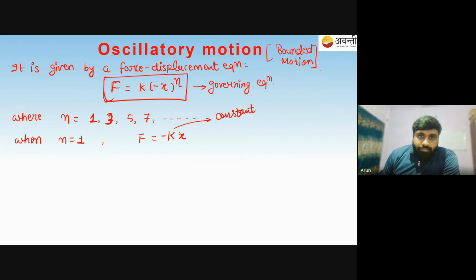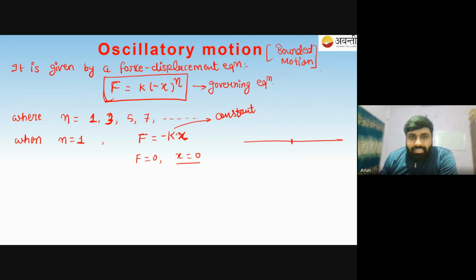Now, if you will see here, why are we taking the odd power only? If you observe this motion influenced by this force, when x is equal to 0, this force is 0.